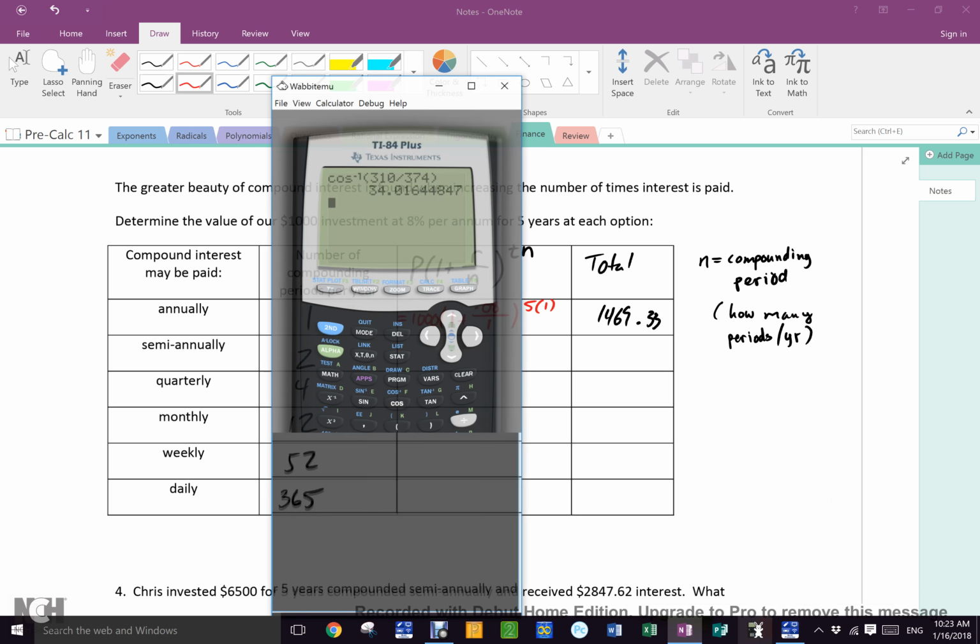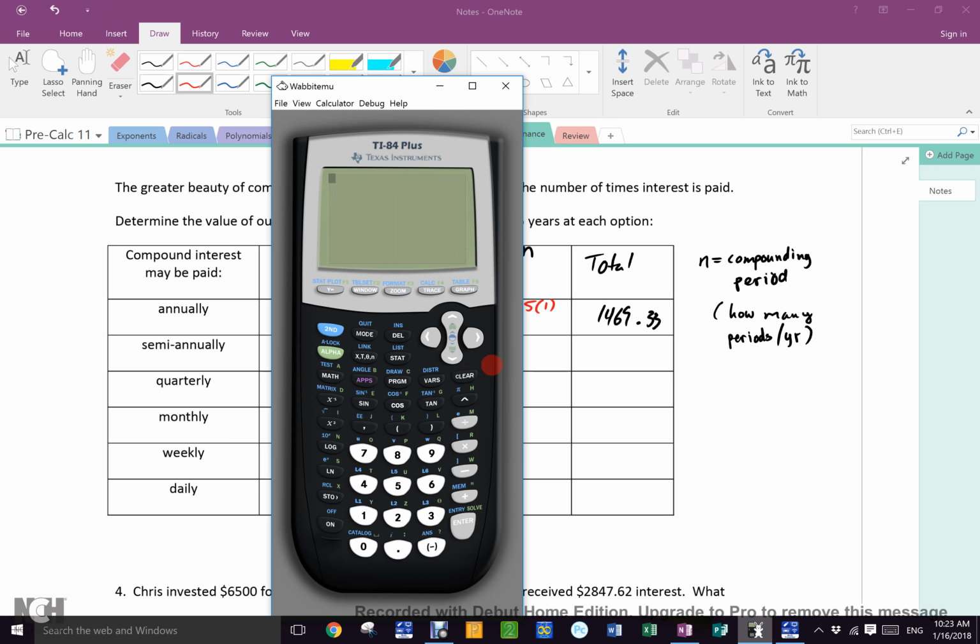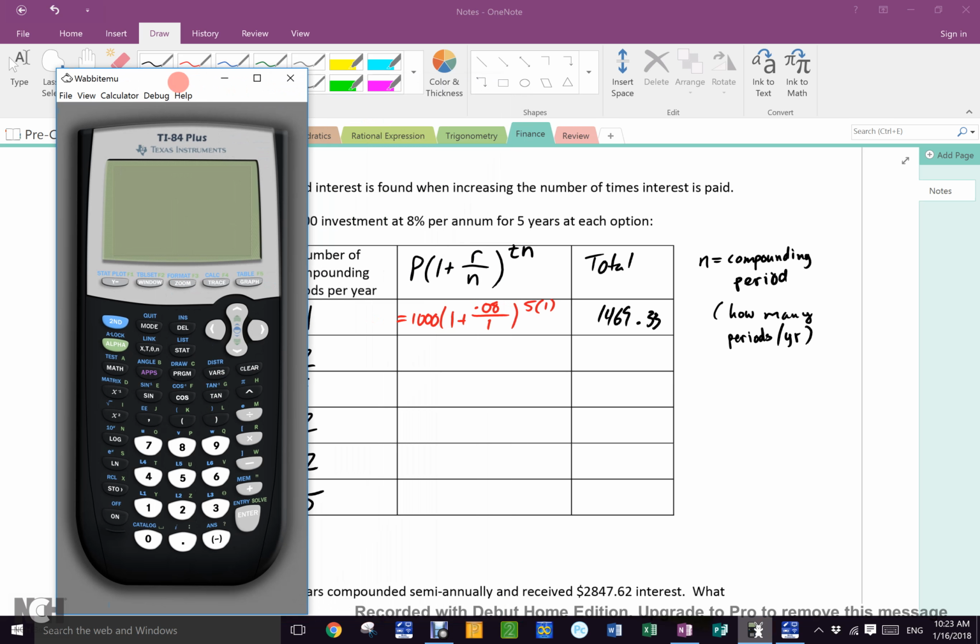I'll call up my calculator that looks like yours, and we'll do it. 1,000 bracket 1 plus 0.08 divided by 1, close brackets, exponent 5 times 1. Everybody see? 1469.33. Is everybody good?